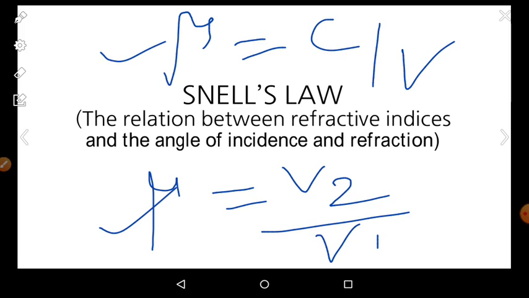He was an astronomer and mathematician. He derived a formula by explaining the propagation of light in terms of velocities in the given two materials. Now I am going to explain Snell's law, Snell's formula for refractive index of the material.